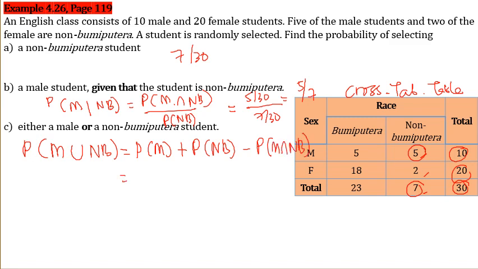Okay, so P(M) is 10 over 30, probability of male, 10/30 plus probability of non-Bumiputra is 7/30 minus P(M and NB). P(M and NB), sorry, 5/30.